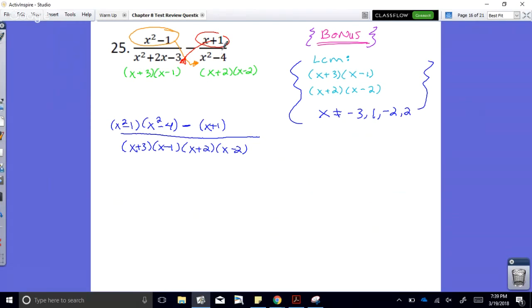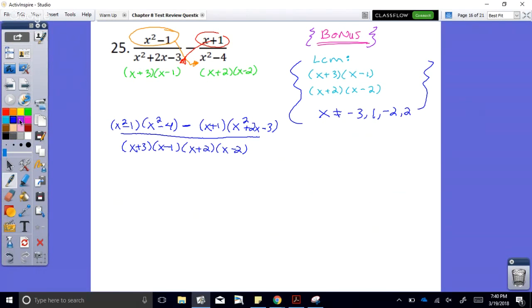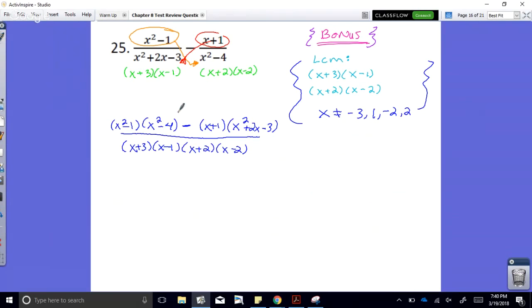And this piece on the right is missing what's over on the left, so I have to multiply by an x squared plus 2x minus 3. Okay, from here we have to distribute or FOIL or multiply out. First thing I'm going to do is write this as a plus negative x minus 1.